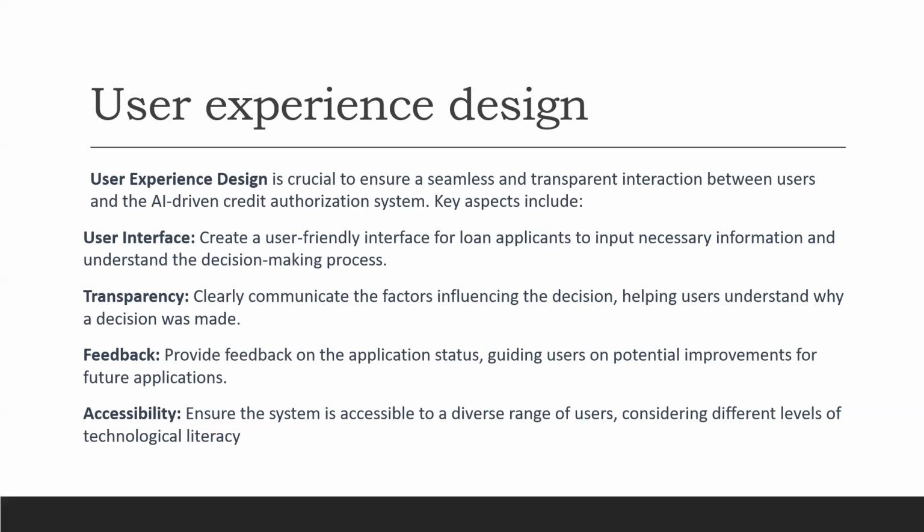Then for transparency, we need to clearly communicate the factors influencing the decision, helping users understand why a decision was made, and if they don't have the answer that they want, to be sure that they understand what they need to achieve the result that they want. In the case of feedback, provide feedback on the application status, guiding users on potential improvements for future applications.